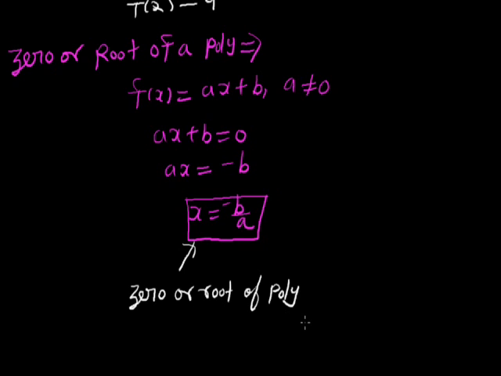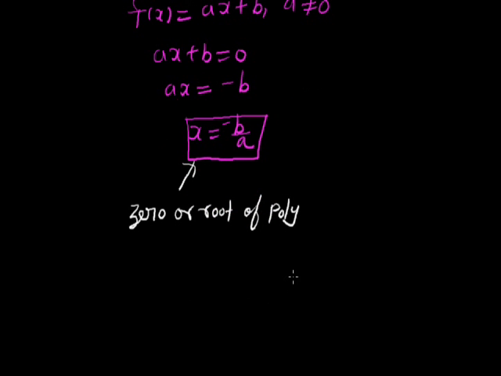Now we come to some examples of the zero or root of polynomials.